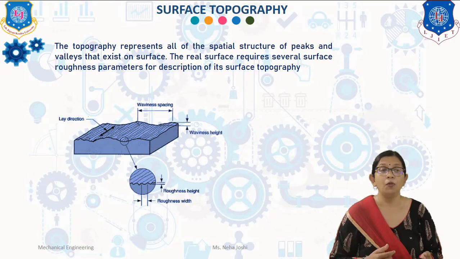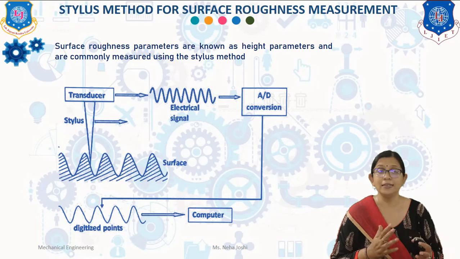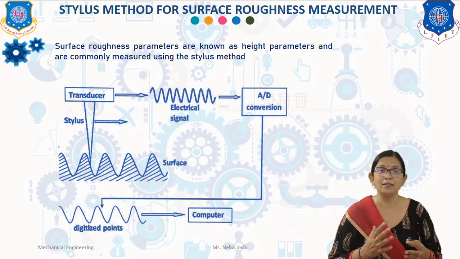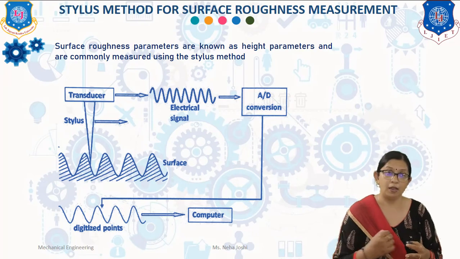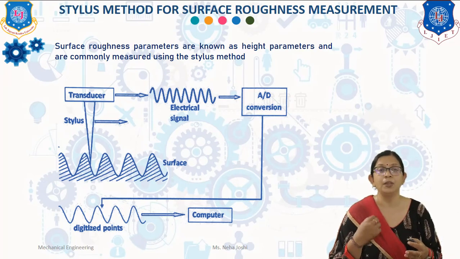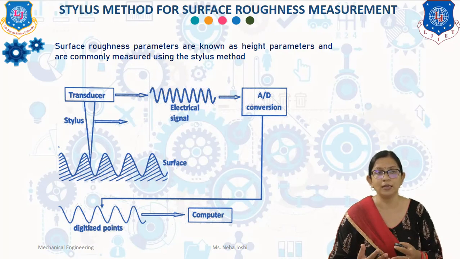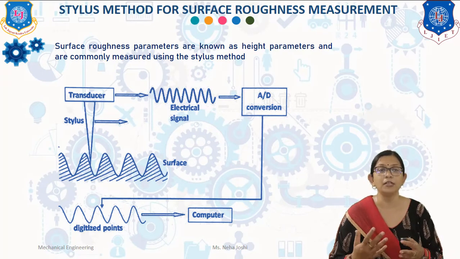Okay. Now, what is the stylus method? Why is it used? In this method, the stylus is moved over the peaks and valleys of the surface. The vertical motion of the stylus is converted into an electrical signal with the help of a transducer, and it is analyzed to determine the roughness parameter, as you can see here in the diagram.